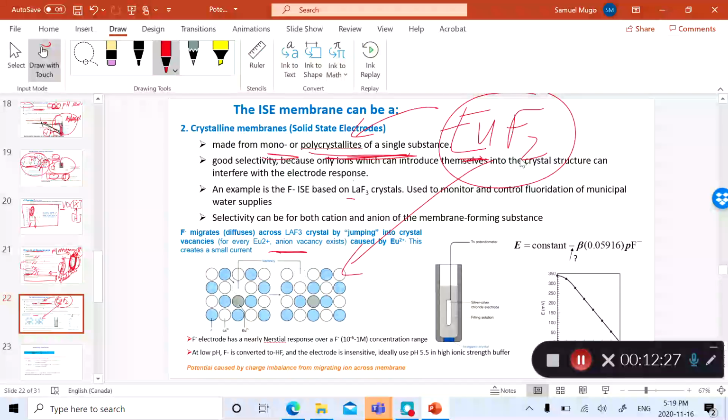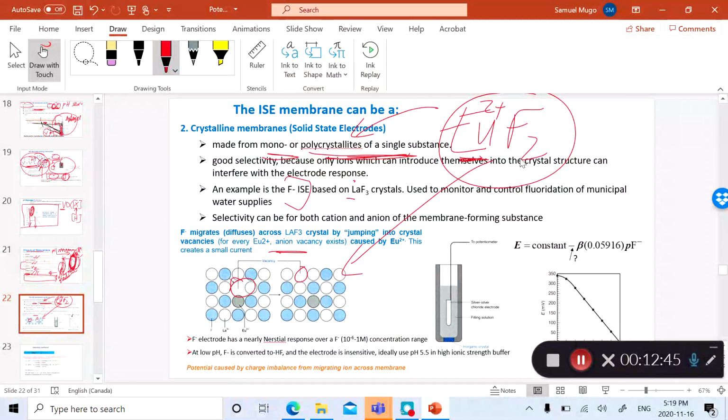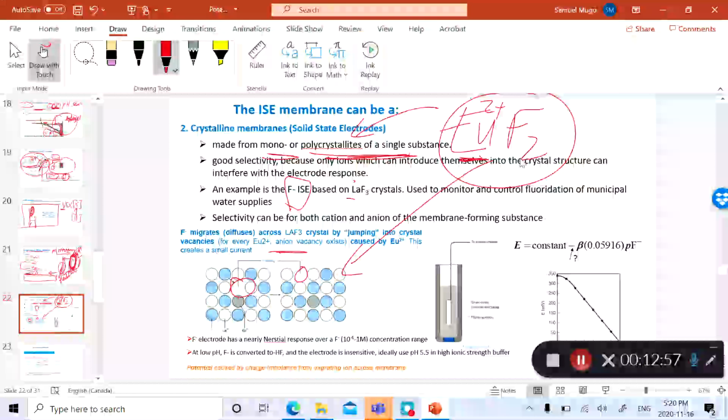So this one is lanthanum 3+, this one is europium 2+. So because of that combination of the two crystals, you create a cavity in that doped crystal. And the cavity has the size of the fluoride ion in the crystal. And so you have cavities inside that monocrystal, that doped crystal, and that cavity is selective to the fluoride.